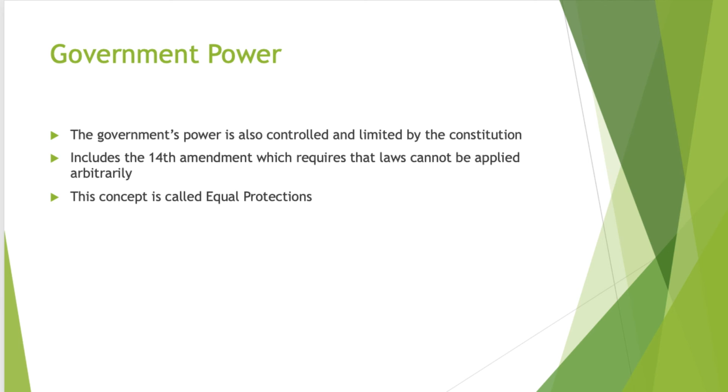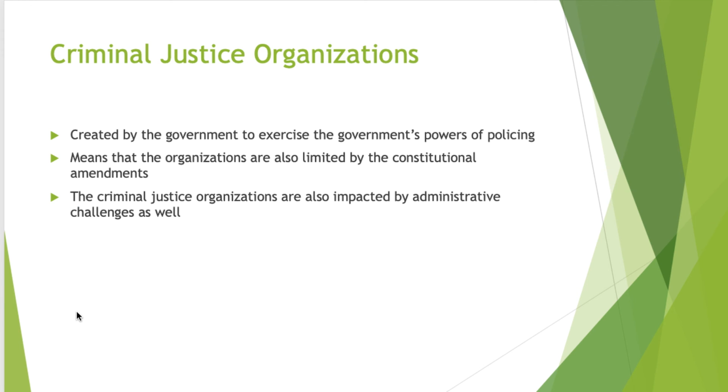Now we're going to apply it to criminal justice organizations, which is the real reason we're here. Criminal justice agencies are essentially created by the government to exercise this power of policing. So they are given power by the government to police.